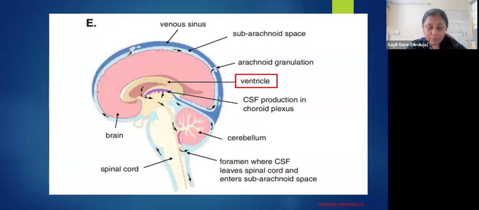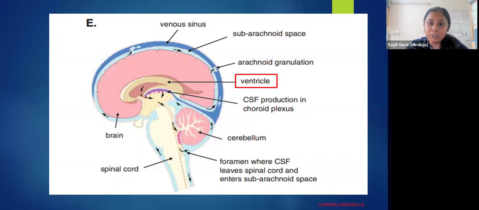This is a reference image I've put up for a simple explanation of the human central nervous system. It consists of the brain, spinal cord, venous sinus, subarachnoid space, arachnoid granulation, ventricles, and choroid plexus.